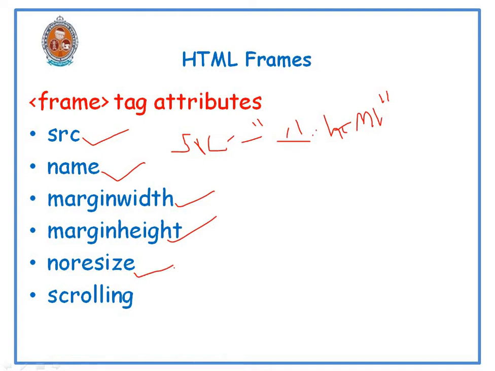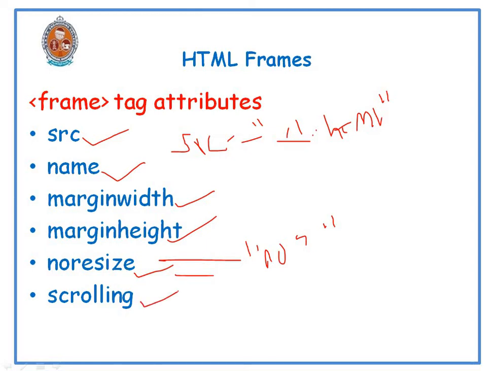So when we specify noresize equals noresize, the users can't drag or click on the frame borders. Otherwise the frames can be clicked and dragged by the users. So in order to prevent that, we need to use the attribute noresize.